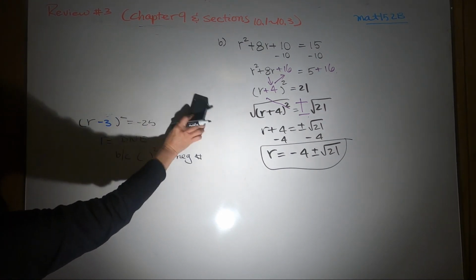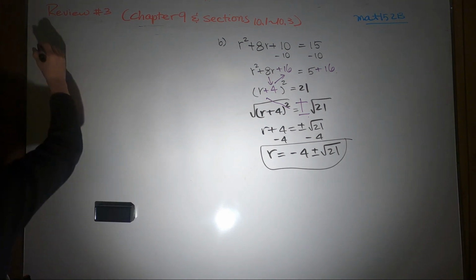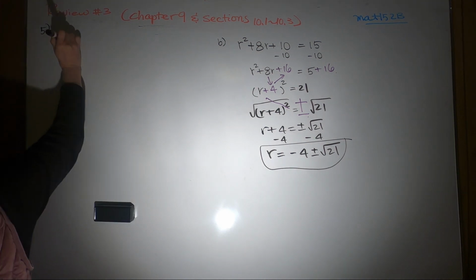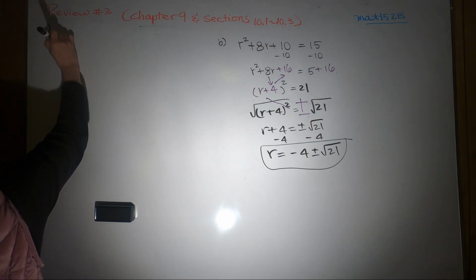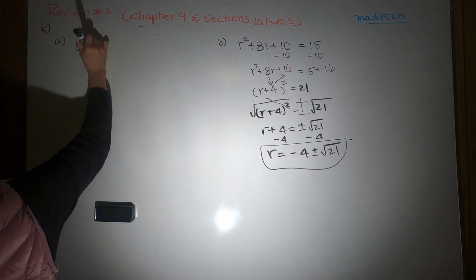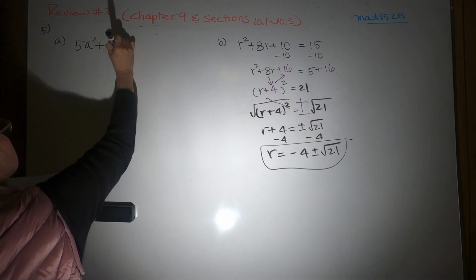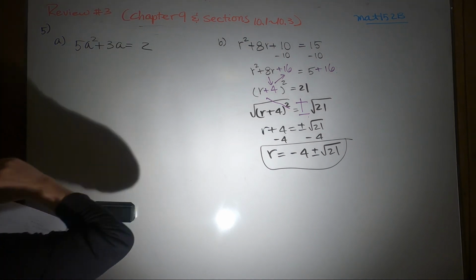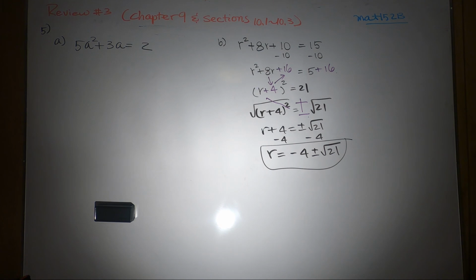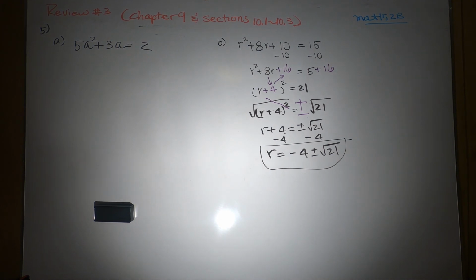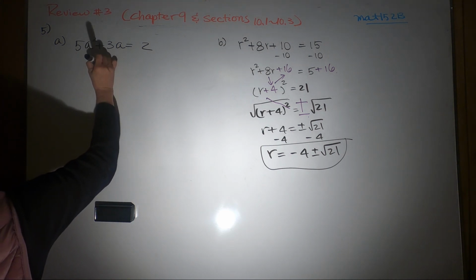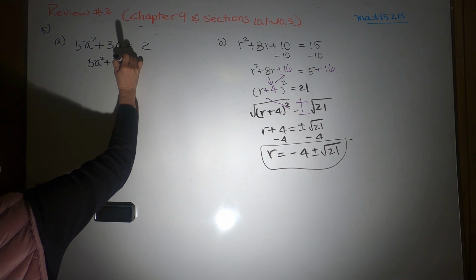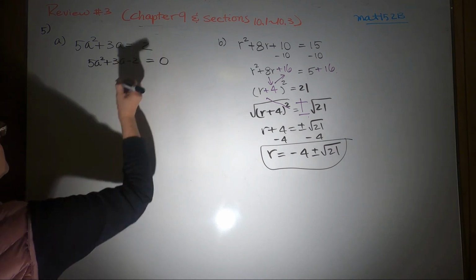Okay, on your page 4, one more thing we are going to practice, okay? It says solve it by quadratic formula. Okay, let's practice some quadratic formula. First, you have to write it in standard form to use a, b, c, right? So 5a squared plus 3a minus 2 on each side, right?